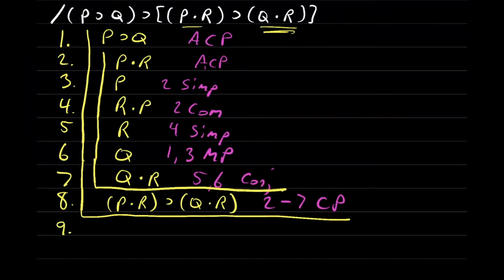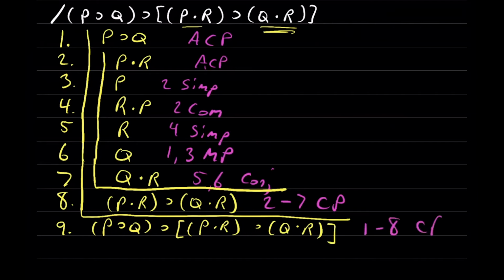And we've shown that if you assume P implies Q, then you can get, inside a bracket now, P and R implies Q and R, like so. Close off the bracket there. And that's going to follow from line 1 through 8 by conditional proof.